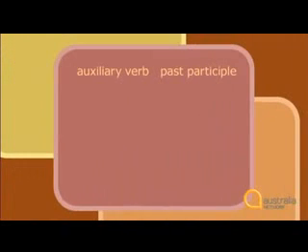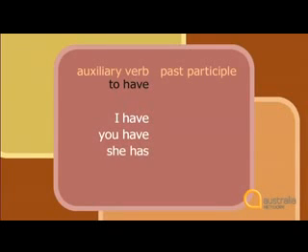Let's have a look at how we structure the present perfect tense. We use the auxiliary verb to have and a past participle. So here's our auxiliary verb, to have. I have, you have, she has, we have, they have. And then a past participle.